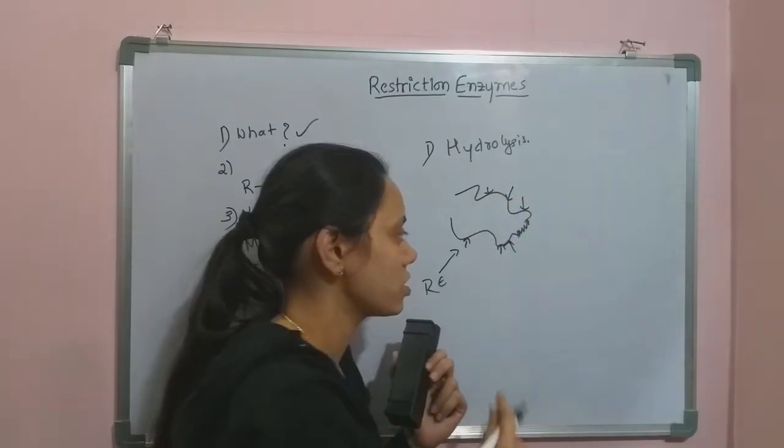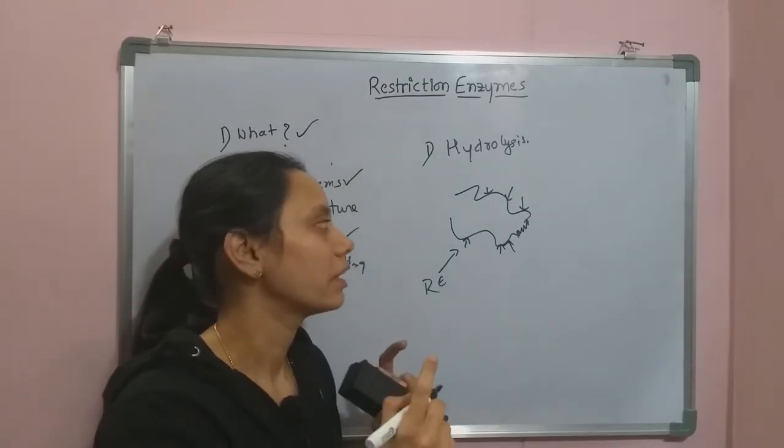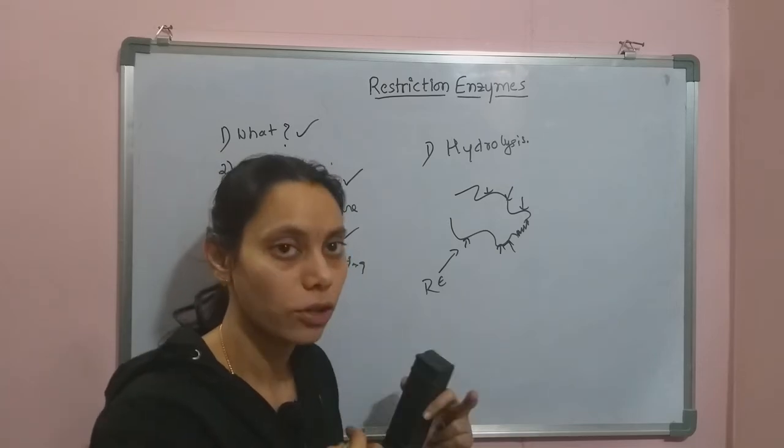So these restriction enzymes will go and bind with the DNA at random sites, and then they look for the recognition site on the DNA.